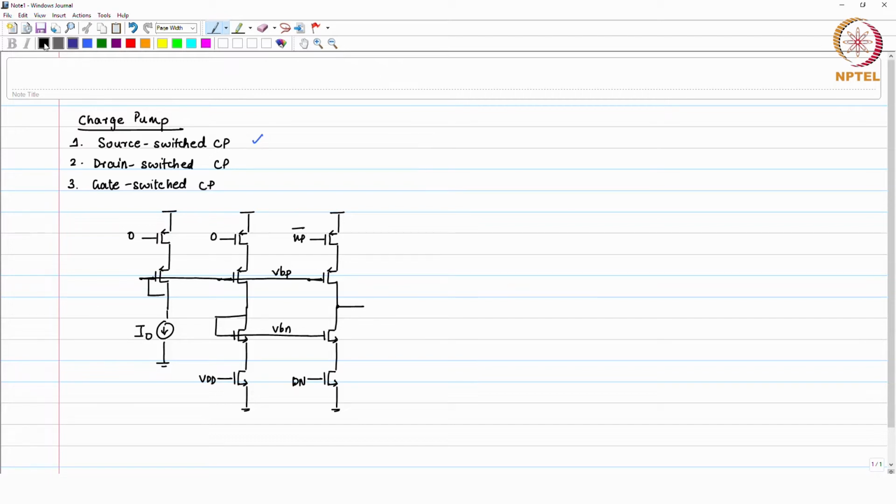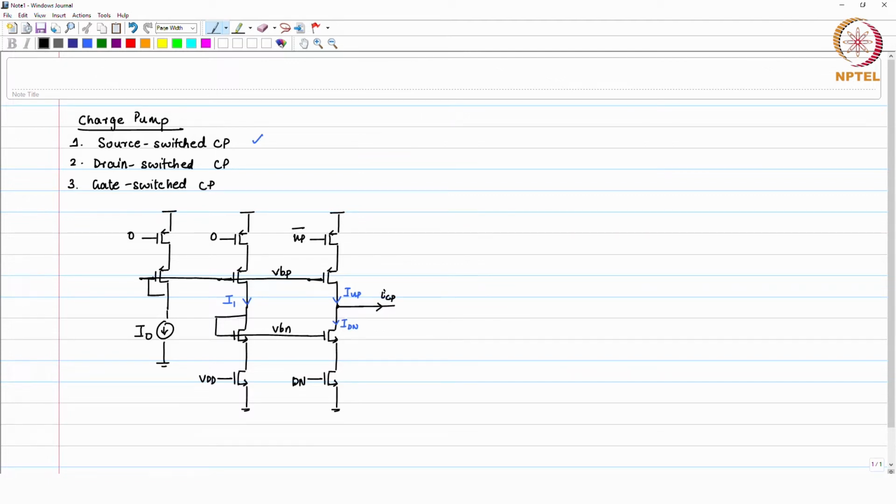Now, the current which you are going to see in these branches is, let us say, I1 in this branch, because this is always conducting, and I will call this as I up and this one as I down. So, this is the current source which you will have if it operates.